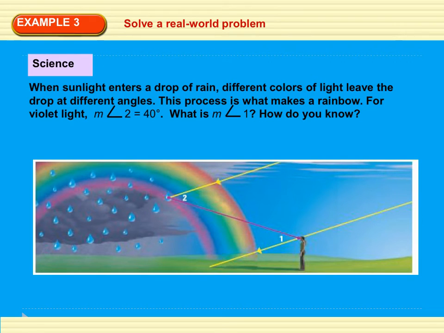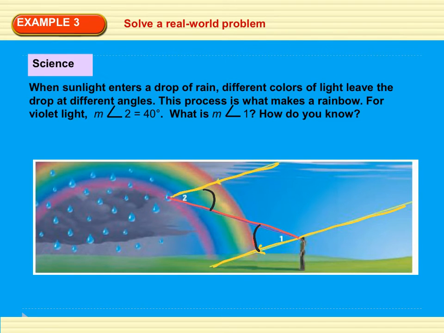So my yellow lines here, these are the parallels. See the little arrow on them? And then the purple line, this is my transversal. So we're referring to angle 1 in relation to angle 2.